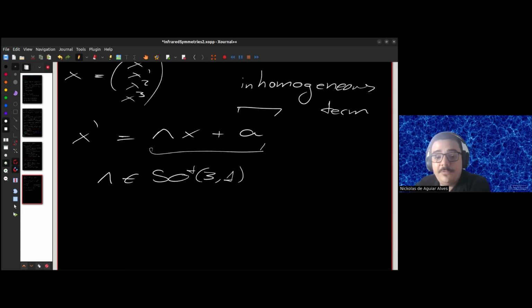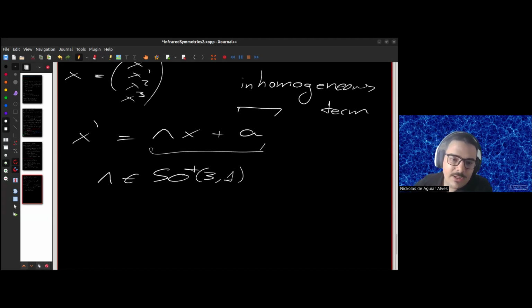Of course, if you wanted, you could also consider the more general case in which lambda comes from the full Lorentz group, which is just the pseudo-orthogonal group O(3,1). But as I said before, I'm going to restrict my attention to SO plus 3,1, simply because it is simpler, and I don't need to worry about all the structure of O(3,1), and I just focus on one connected component, which is easier.